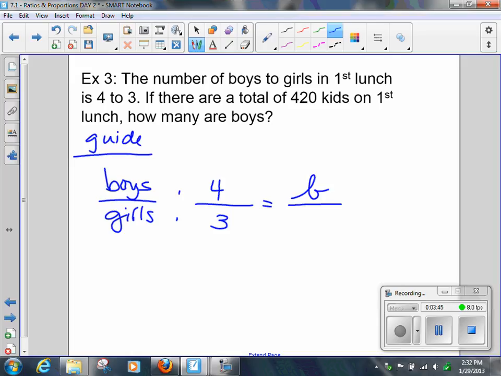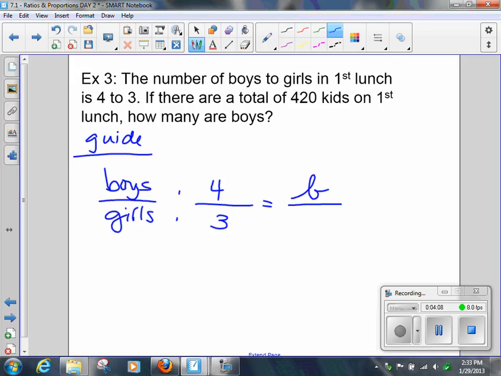Let's just say, if I had a total of 20 students, and 8 of them were boys, then how many would have to be girls? How'd you get that? By subtracting 8 from 20.